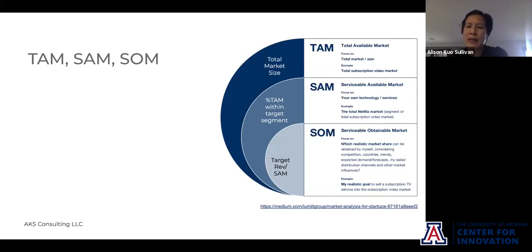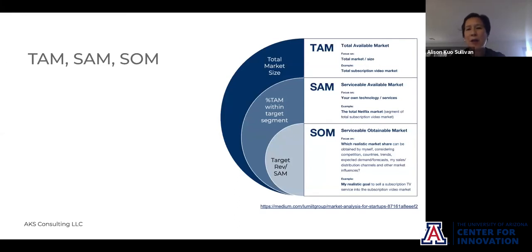If we take a look, this is actually a pretty good example of where total market size, or total available market, is really looking at the total subscription video market. So you're looking at Hulu and Netflix and HBO and all the subscription applications, even on your cable, which could be ESPN, it could be all the different channels, right?